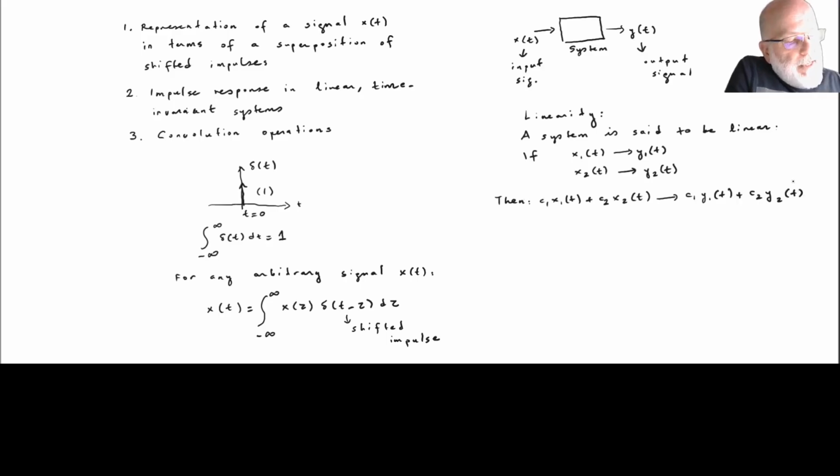Of course, x1 of t, x2 of t are completely arbitrary. c1 and c2 are also arbitrary constants or scalars. Now, the concept of linearity is a very important subject, and in fact, the underlying mathematical structure for the concept of linearity is the vector space.